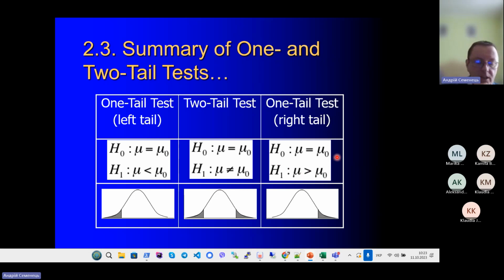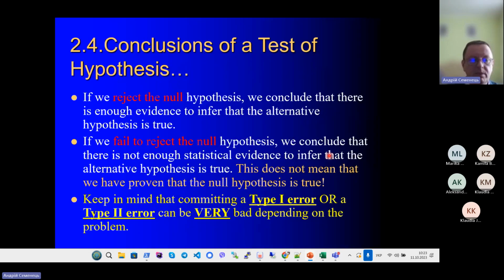So in general, test statistics are applied to continuous variables, and we have spoken about population parameters. If we reject the null hypothesis, we conclude that there is enough evidence to infer the alternative hypothesis. To fail to reject concludes that there is not enough evidence to infer that the alternative hypothesis is true.